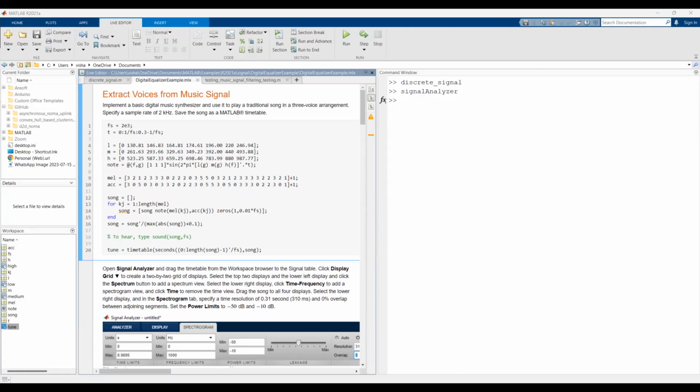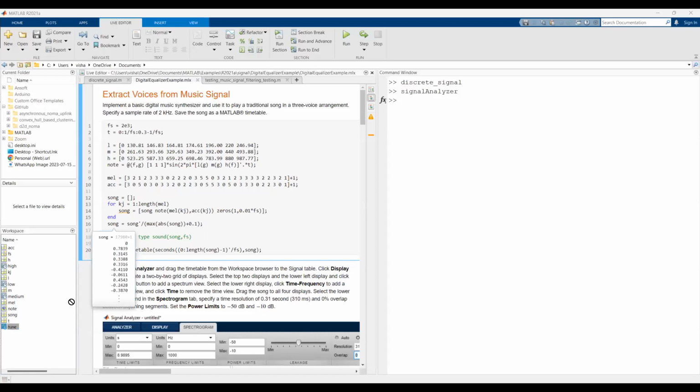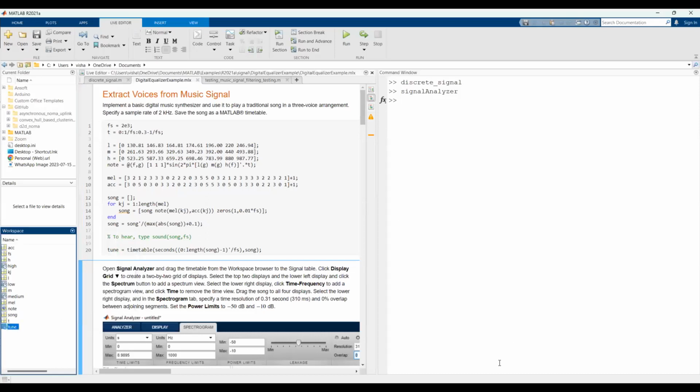So you can also check this. If not, you can drag and drop this tune parameter into the analyzer, or else normally tune should appear here as a variable.